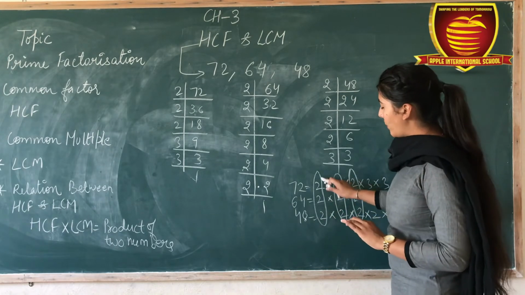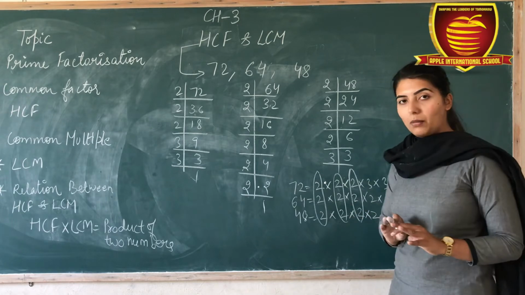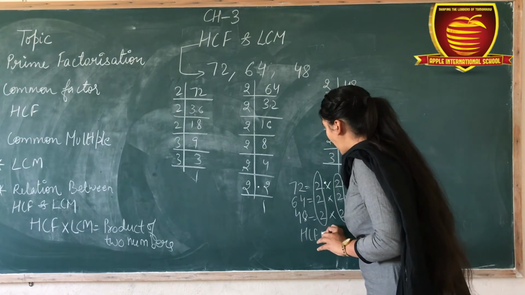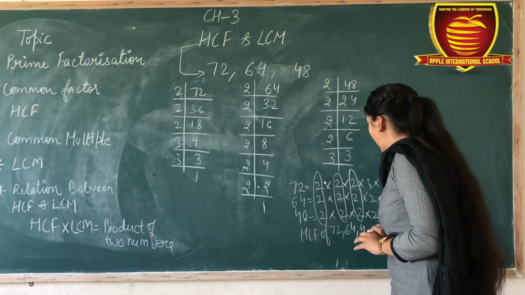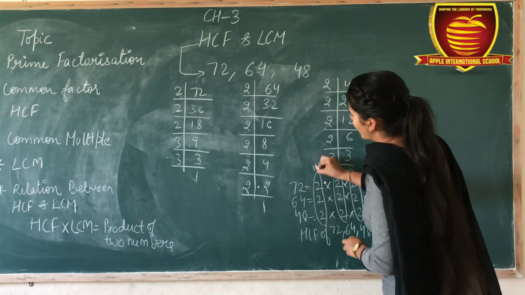So 2 is common here, here and here. Means the highest common factor of 72, 64, 48 is equal to, write it once.